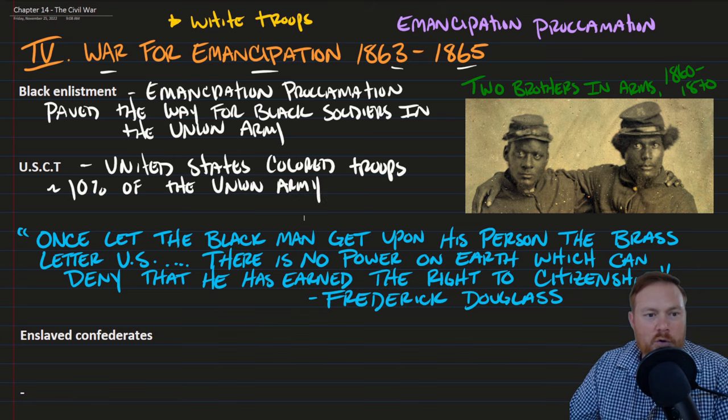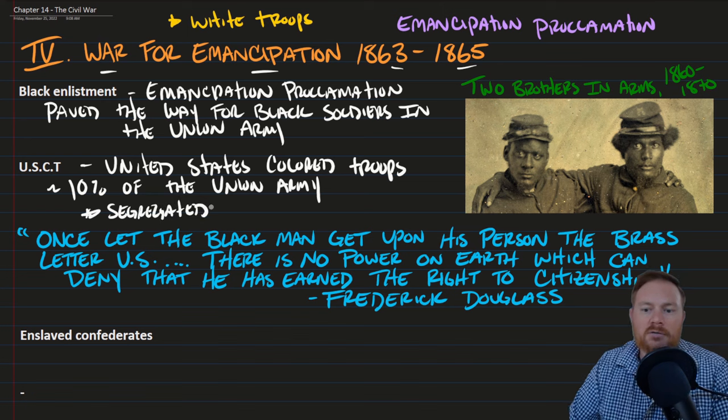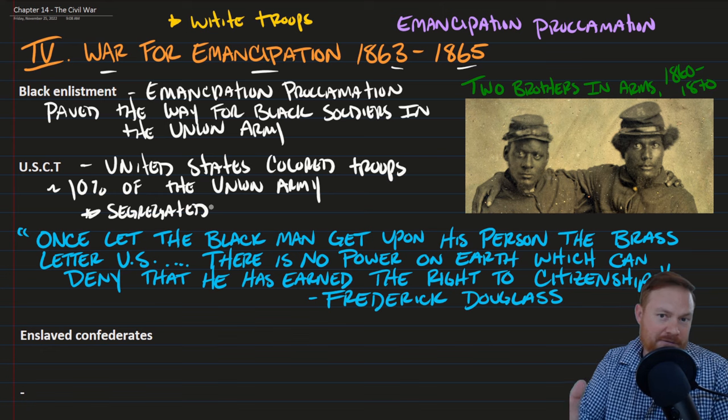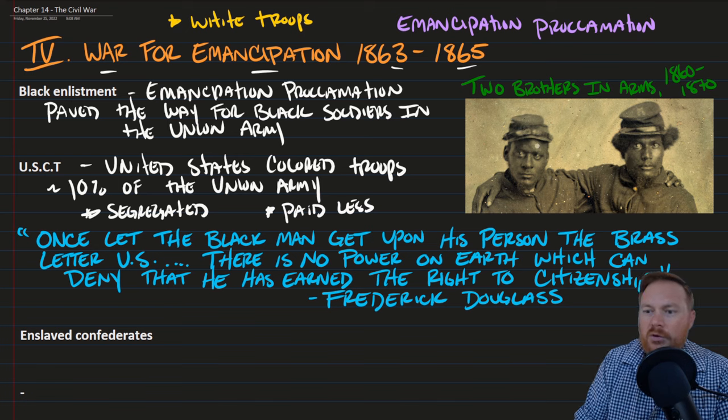So the Union is mobilizing Black men in a way that wasn't true at the beginning of the war. But one thing to keep in mind is that these units are segregated, meaning that white and Black soldiers are fighting for the same side, but they're not actually fighting next to each other. There are all white regiments and all Black regiments. And the Black soldiers that did enlist were paid less money than their white counterparts.